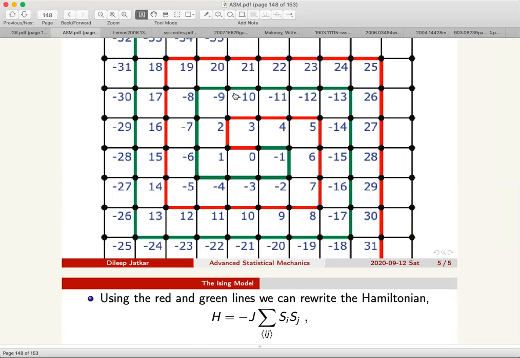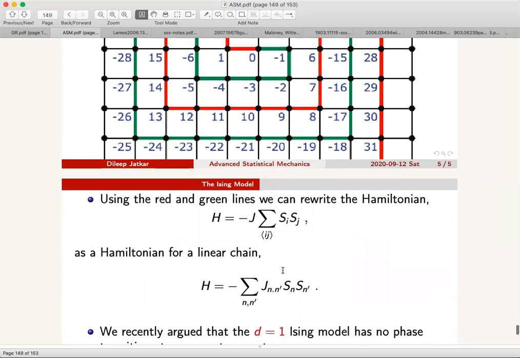Clearly this J_{n n'}, unlike the earlier J, cannot be kept outside the summation, because depending upon whether n and n prime are numbers to which there is a coupling or not, we'll have to decide whether you put this term at all or not.